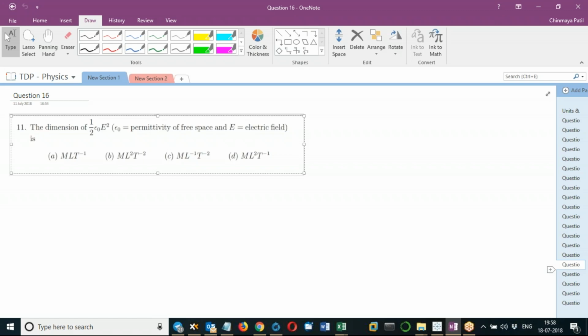Okay, so from electric charges and fields, we have this formula.